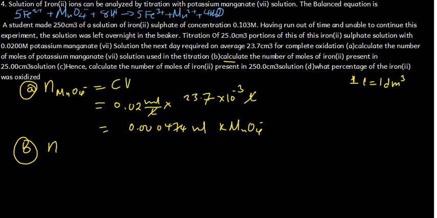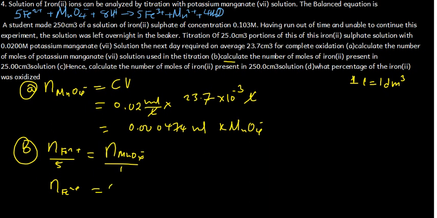So number of moles of iron 2 plus divided by 5 should be equal to the number of moles of the manganate divided by 1. And this is going to give us number of moles of iron 2 plus being equal to just 5 multiplied by the number of moles of the manganate.